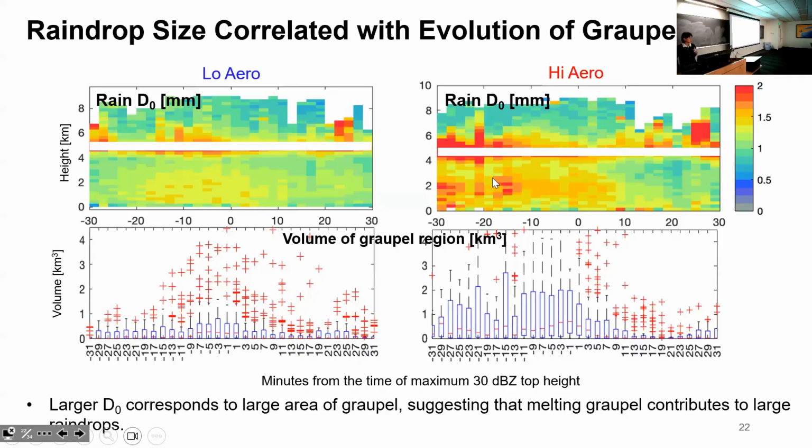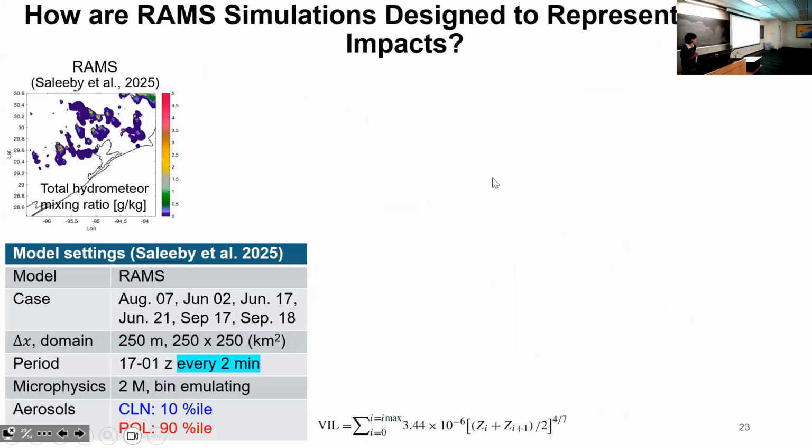But observation is limited in interpreting the process of the particle size distribution. So I used model simulation using RAMS. RAMS was developed by Colorado State University, and the settings are here. We run RAMS for the six Houston cases.